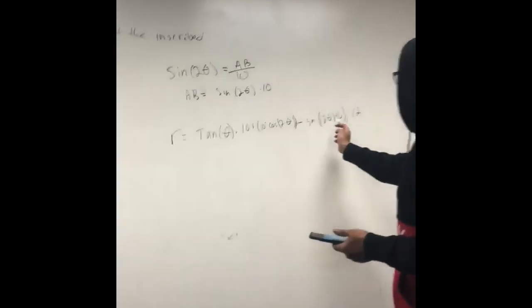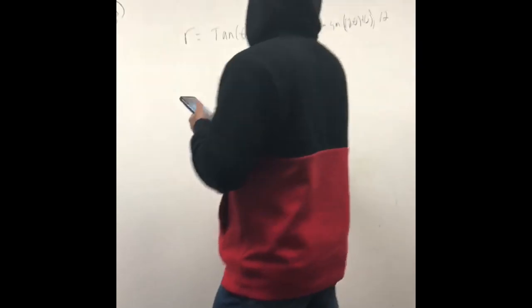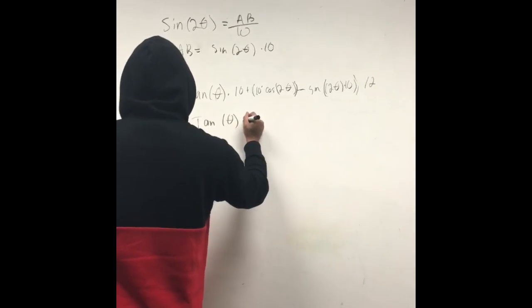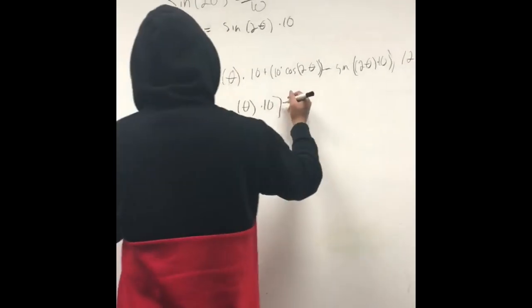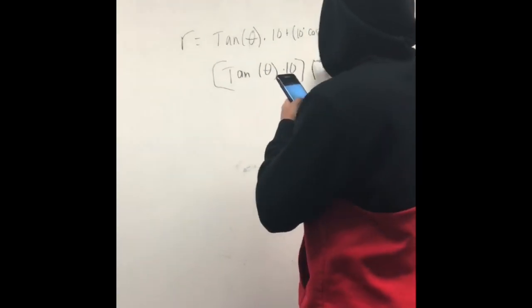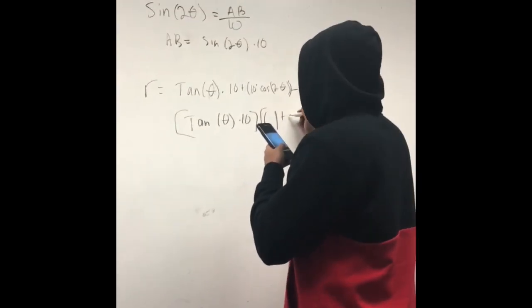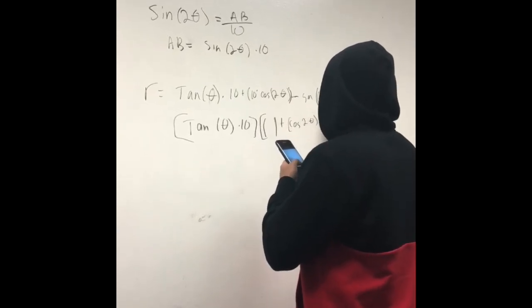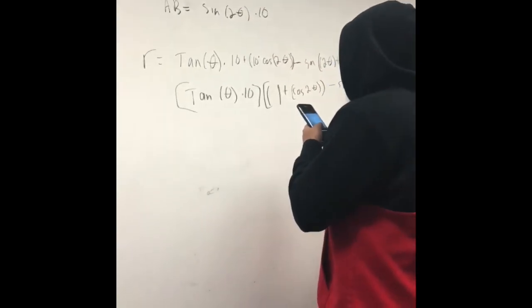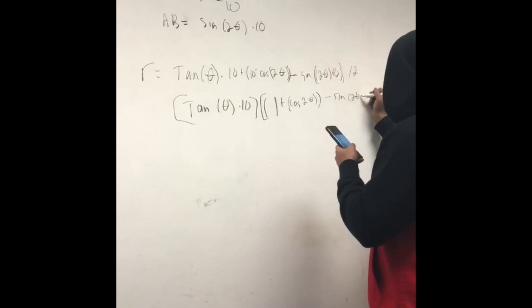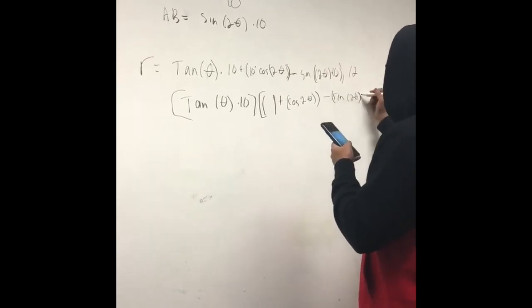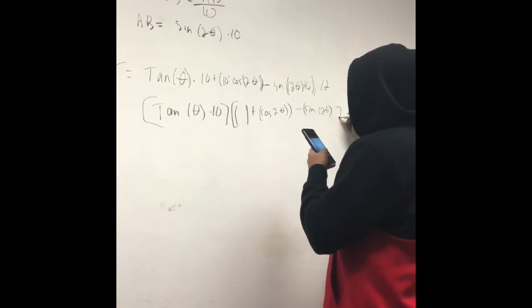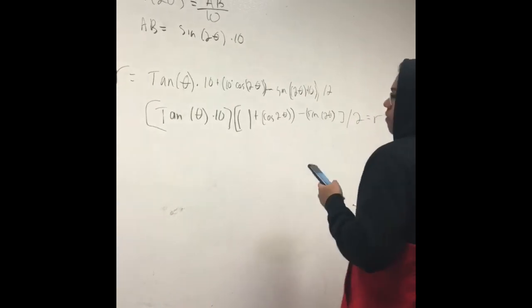Now we can simply take the 10 out of these parentheses and pull it outside our equation. So it's going to look like 10 tangent theta times 1 plus cosine 2 theta minus sine of 2 theta, all over 2 equals r.